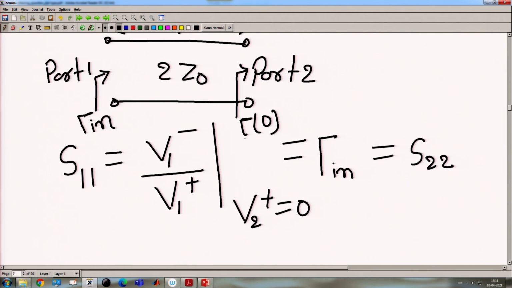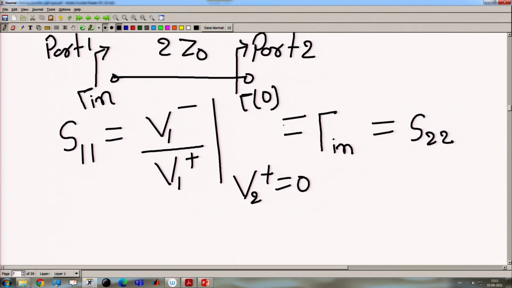So, gamma in equals S11. For gamma 0 we calculate with V2 plus equal to 0, which means there is no reflected wave coming from the load, that is Z naught. So, if the load is Z naught, there will be no reflection from the port 2 load side, and V2 plus will equal 0.